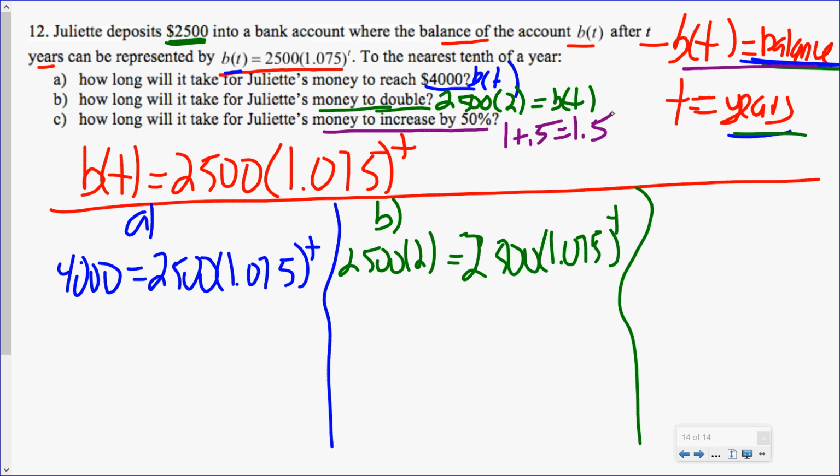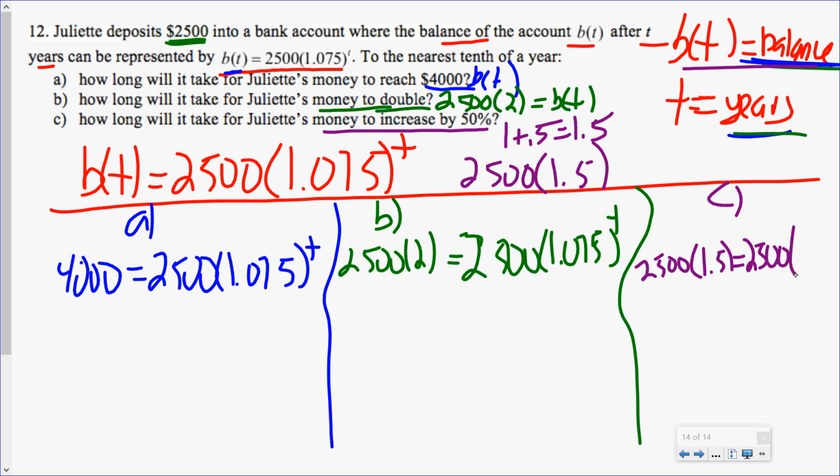So I'm multiplying her balance by 1.5. All these are giving me the balance, just in a different way. So here, the balance is 2,500 times 1.5 equals 2,500 times 1.075 to the power of t.